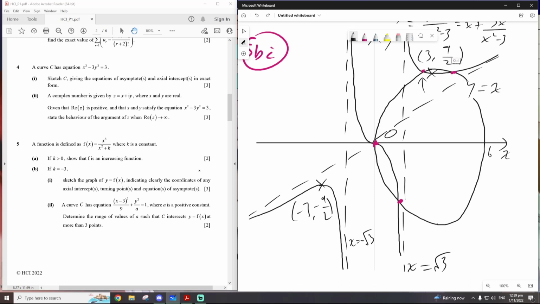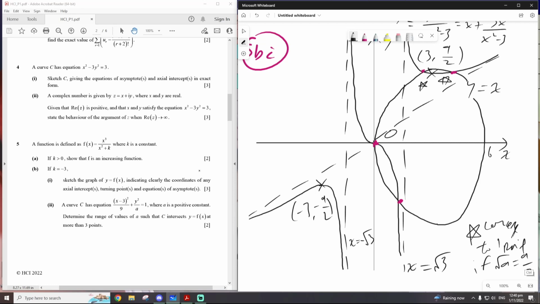So let me put a star on these 2 points. Okay, so the stars converge to 1 point if root a equals 9/2.